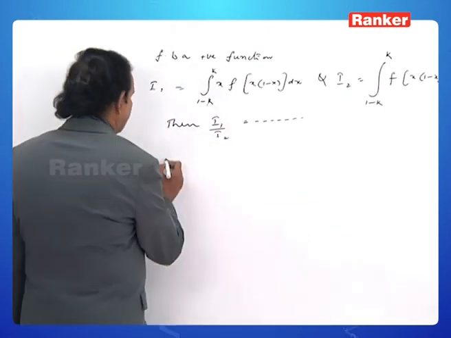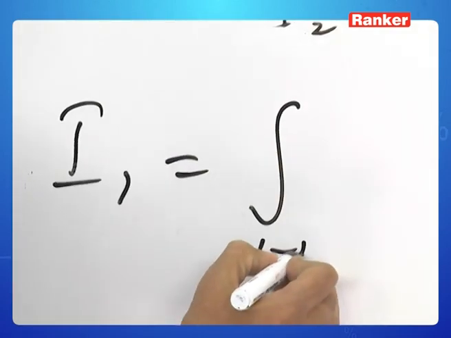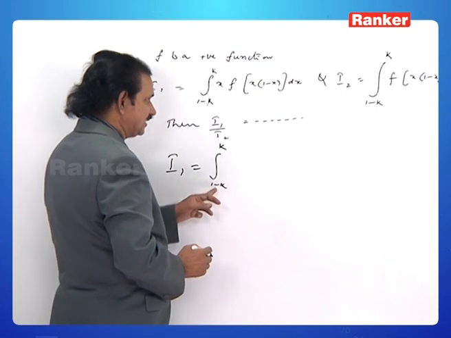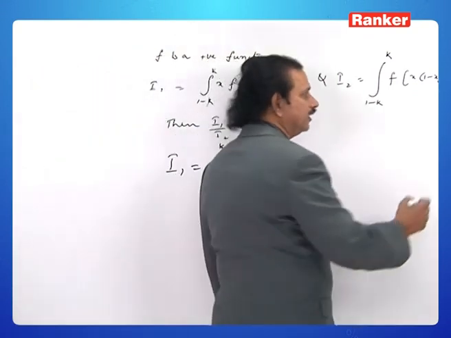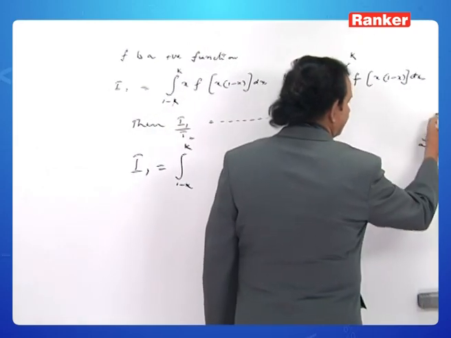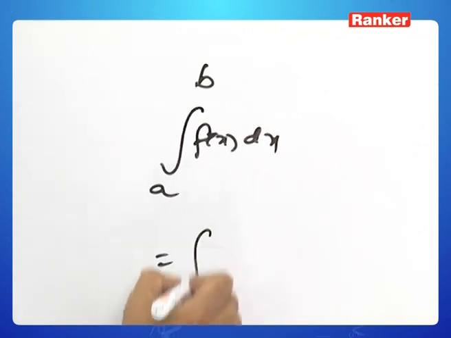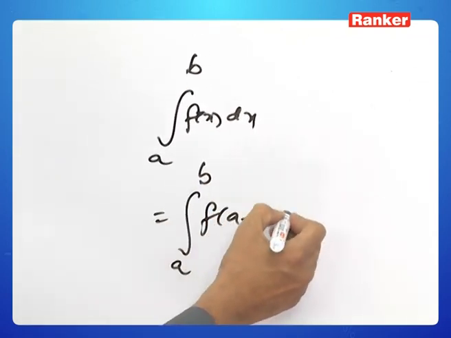Look here. I1 is equal to integral 1 minus k to k. Well, consider this as a, this as b. In our earlier formula, integral a to b f of x dx can be taken as integral a to b f of a plus b minus x. Am I correct?